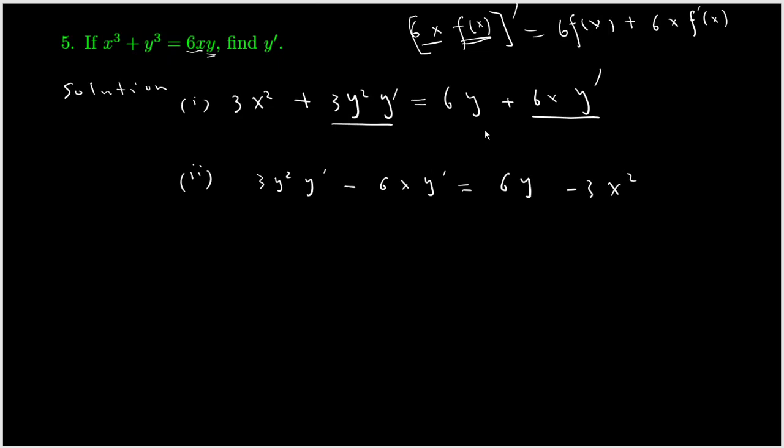The idea is to isolate the term involving y prime so that we can solve the equation for y prime. And then from the left hand side, you take out a common factor of y prime. That's what we meant by isolating y prime. 3y squared minus 6x, and then times y prime equals.